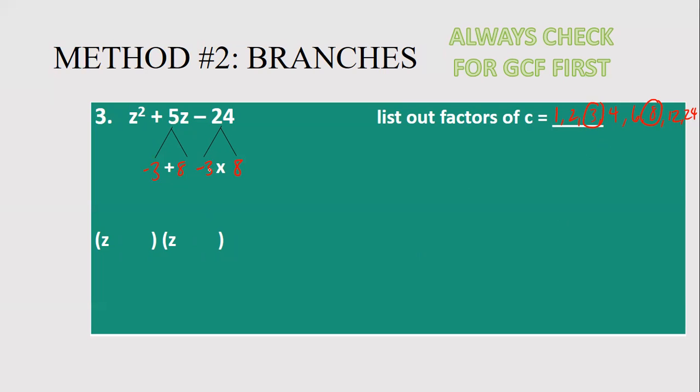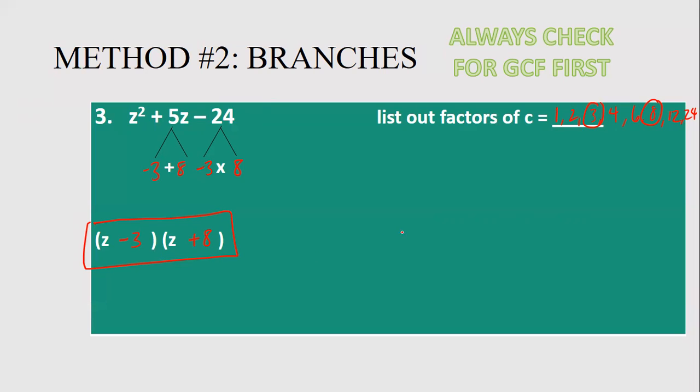Negative 3 plus 8 is positive 5. Negative 3 times 8 is negative 24. So my factors are z minus 3 and z plus 8. Cool?